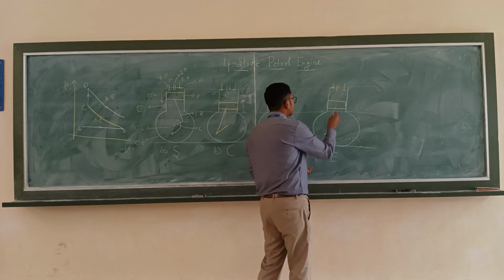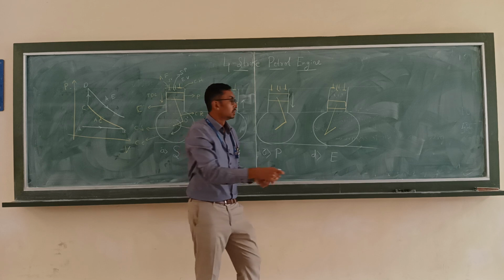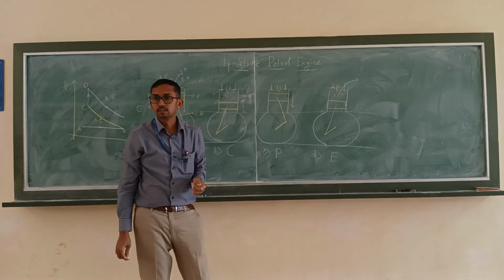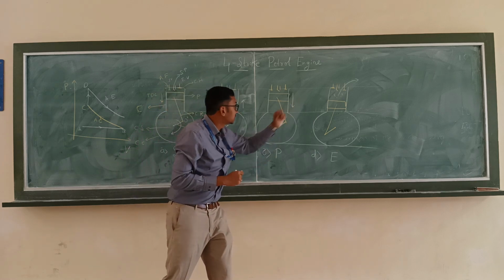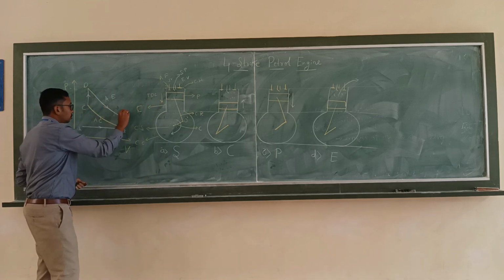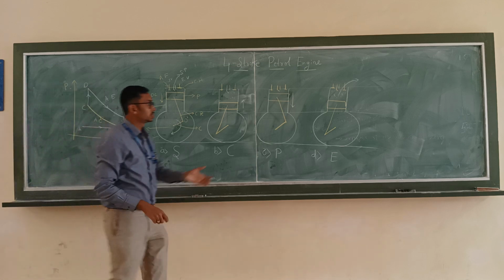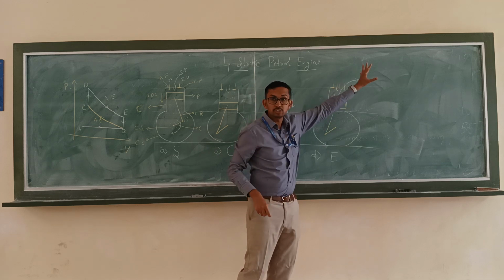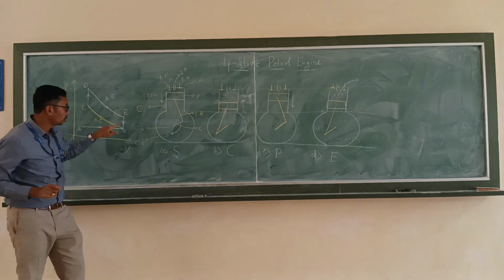Whatever hot gases or waste gases are present in the cylinder will escape out to the atmosphere. D to E is over. Just due to the opening of the exhaust valve, some of the hot gas is going to escape. This can be represented from E to D.